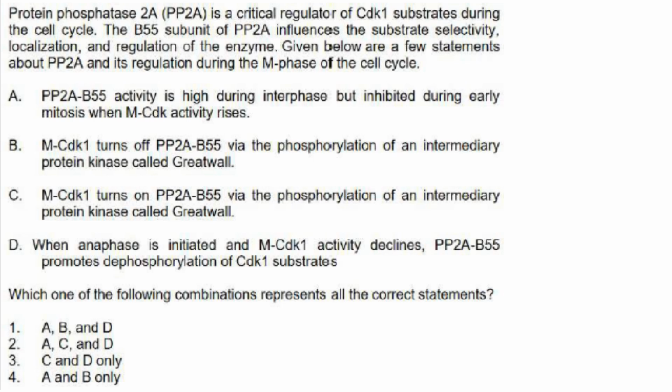So what you should know here is that M-CDK1 activates what is called the Greatwall kinase, which inhibits the B55 subunit of PP2A. So PP2A-B55 is inhibited by the Greatwall kinase.